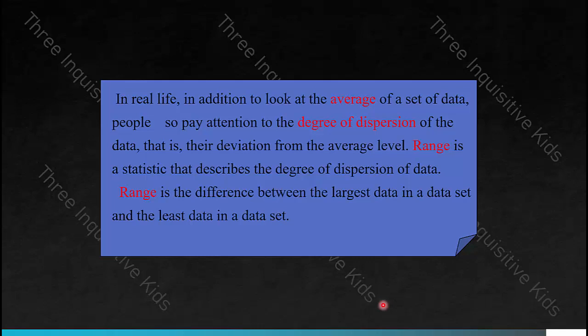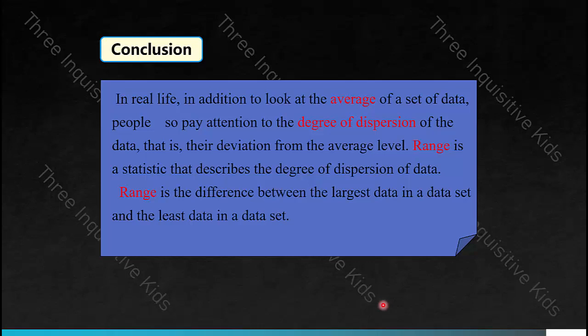In real life, in addition to looking at the average of a set of data, people also pay attention to the degree of dispersion of the data. That is, how far each of those sets of data ranges from that average. Range is a statistic that describes the degree of the dispersion of data.